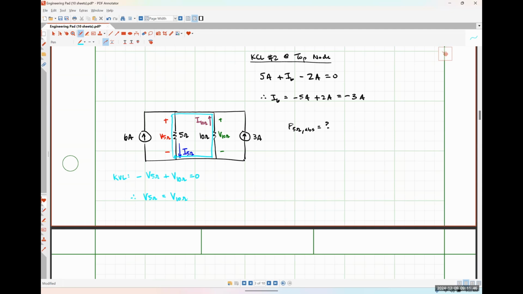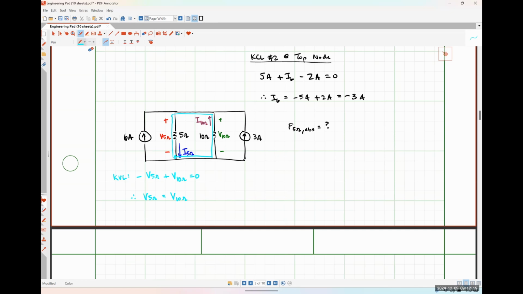So what we've just used Kirchhoff's voltage law to prove is that anytime we have any elements connected in parallel, they have to have the exact same voltage drop across them because Kirchhoff's voltage law forces that to happen. So any parallel combination of elements, doesn't matter if it's voltage sources, current sources, whatever, resistors, capacitors, inductors, if they're in parallel, the voltage drop across them has to be the same thing, okay?